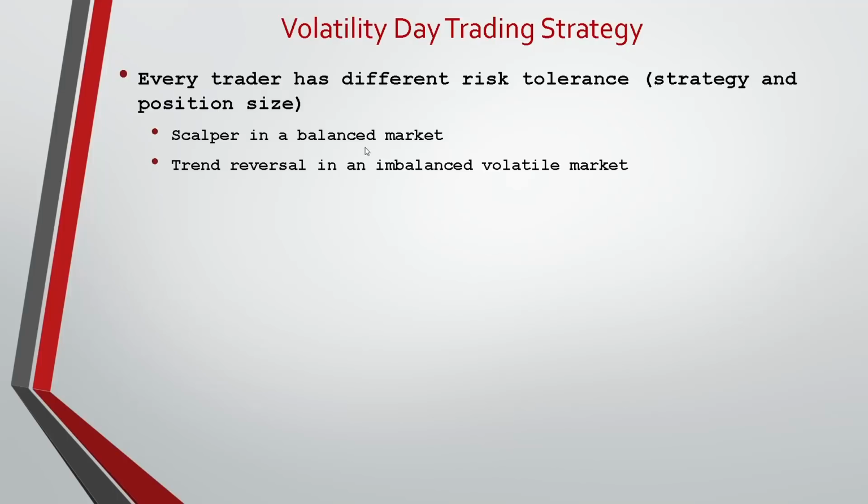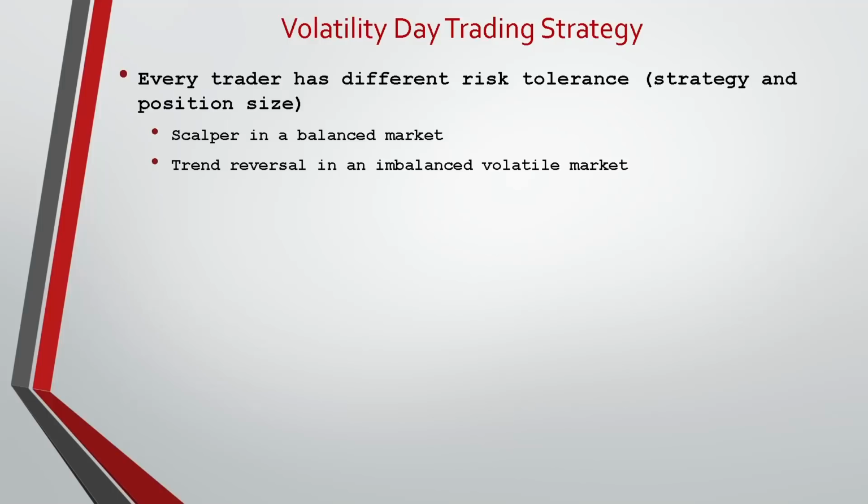A scalper in a balanced market is going to have to adjust and trade differently than a scalper in an imbalanced market. And a trend reversal trader, or someone that's looking to day trade a couple point swings in an imbalanced volatile market, is going to trade differently than a trend reversal trader in a balanced, unvolatile market. So there's so many different scenarios.